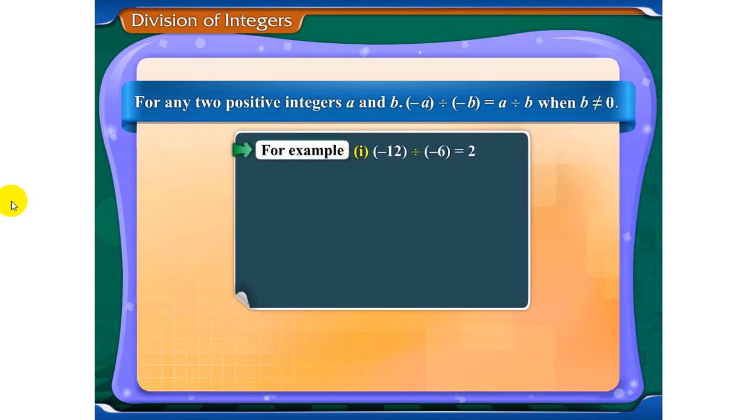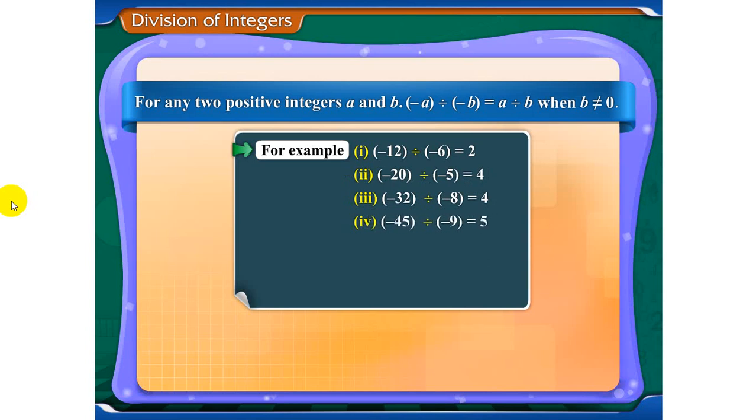For example, 1. Minus 12 divided by minus 6 is equal to 2. 2. Minus 20 divided by minus 5 is equal to 4. 3. Minus 32 divided by minus 8 is equal to 4. 4.